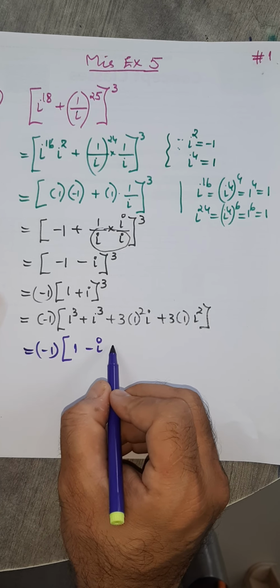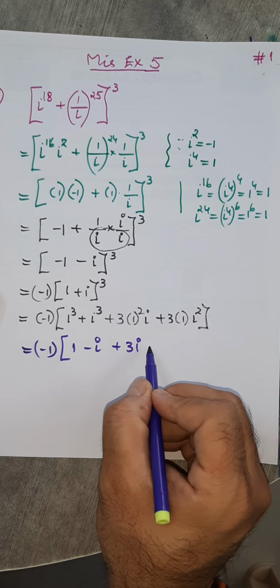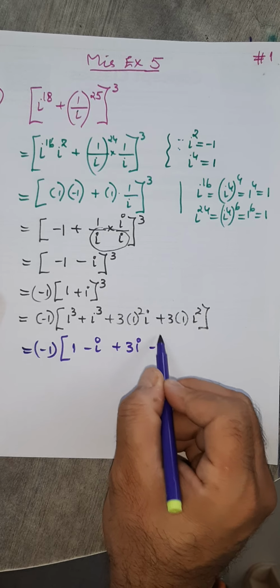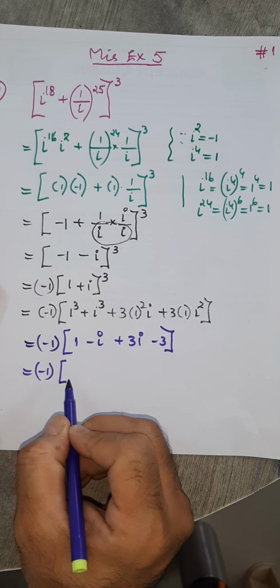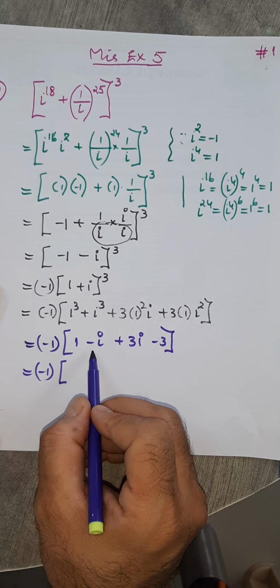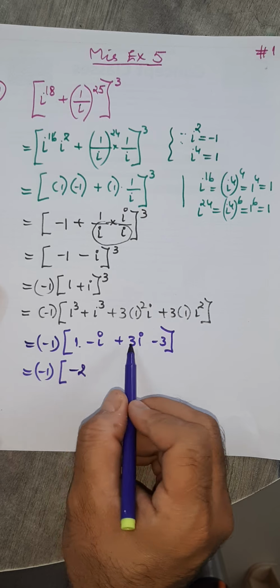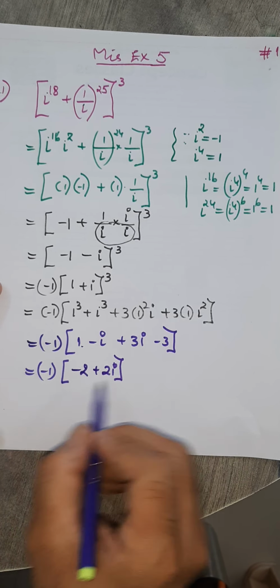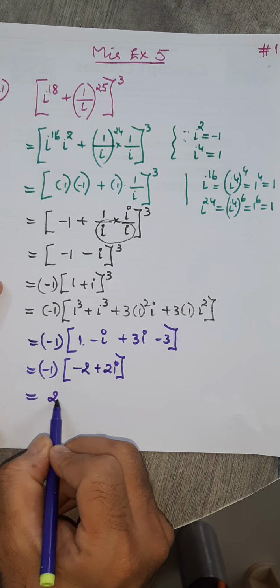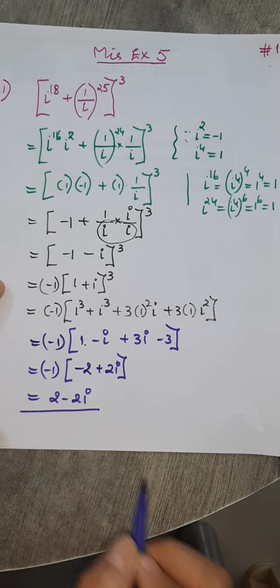So this is just minus iota plus 3 iota. This is minus 1. So this is minus 3. So finally you are getting minus 1 into minus 2 plus 2 iota. So if I take this minus inside, this is 2 minus 2 iota. This is the final simplification here.